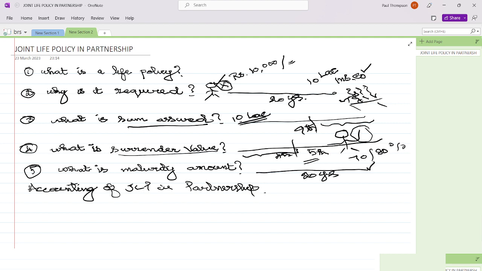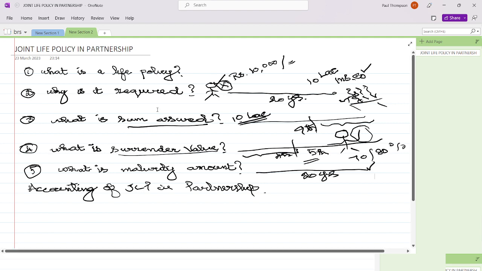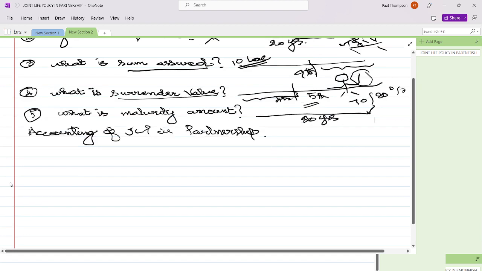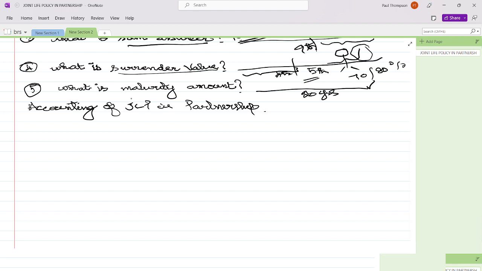So now we will see how this affects in partnership. Let us understand through a balance sheet of two partners, X and Y. X has contributed a capital of 25 lakh, this is in lakhs, rupees in lakhs.